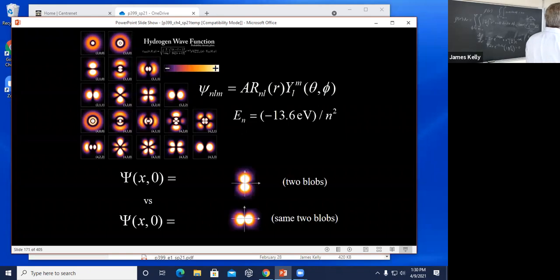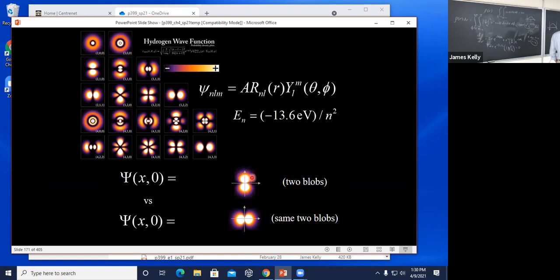Let's imagine 2 different initial states that aren't energy eigenstates. And I'm going to show you what their probability densities are. Maybe they're, so I'm imagining it's 2 blobs, kind of like a 3D figure 8, right? Snowball up here, snowball down there. And so I might say, well, here's one way to have it at time t equals 0.